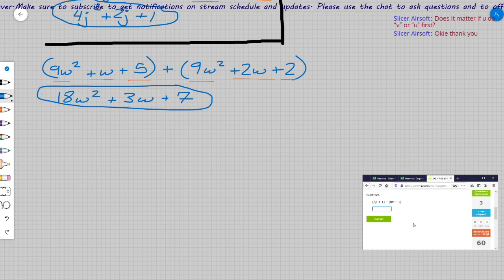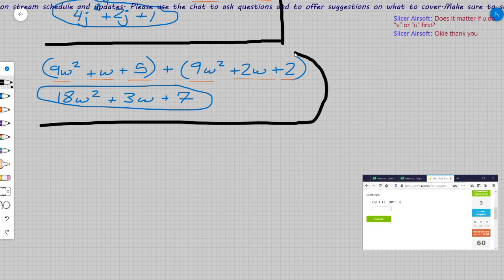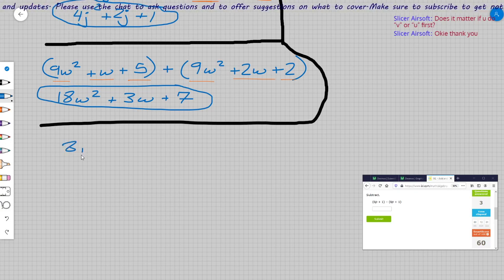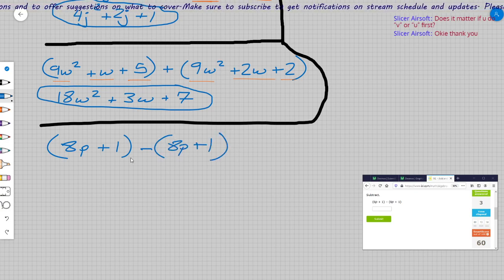I'm actually going to do this one before I jump up a level. So this one is going to come out to a kind of funny answer. So 8p plus 1, 8p plus 1. So in essence, if you see this right off the bat, you're seeing that we're subtracting the same thing, so that it should just cancel it out.